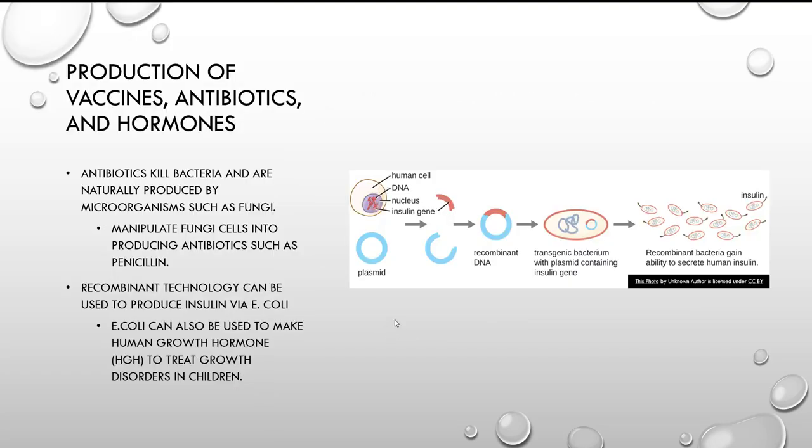Okay. Production of vaccines, antibiotics, and hormones. When we talk about antibiotics, vaccines can protect you against different microorganisms as well as viruses. Antibiotics can only protect you against bacteria, or living things. They can't protect you against viruses.